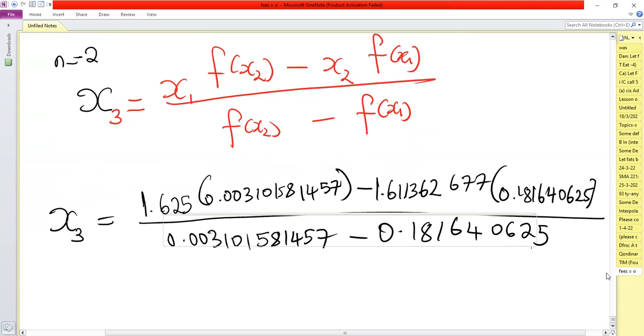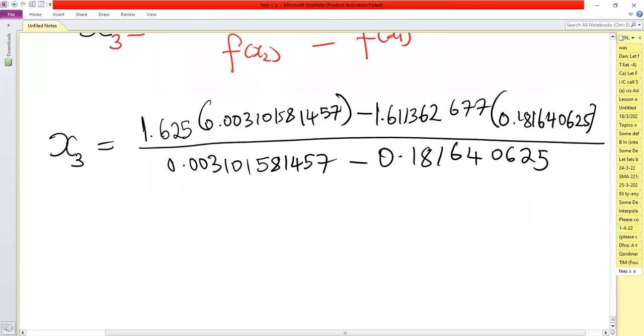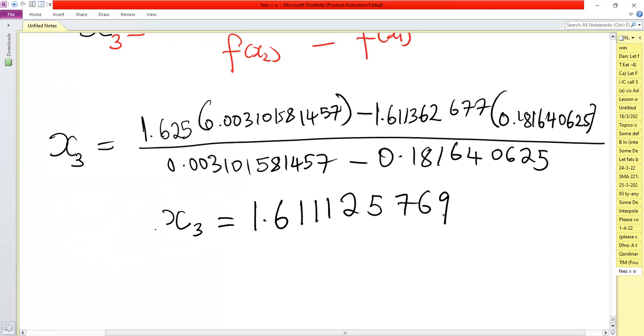With your calculator, confirm that x3 should give you 1.61125769.